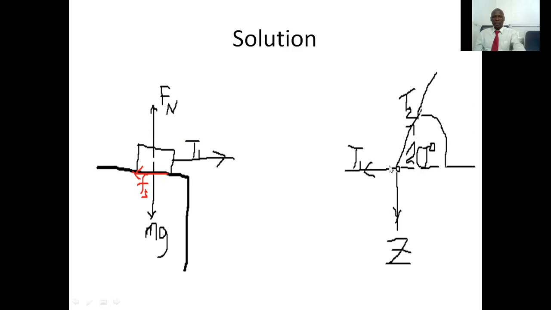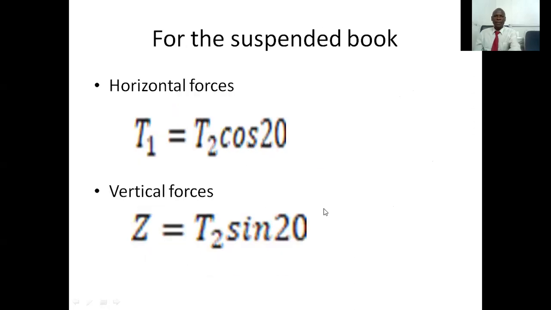So we note that here also this force T1 should be equal to T2 cos 20, if this point should not be moving in the horizontal direction. So that's what it means here. We were saying for the suspended book, the horizontal forces: T1 will be equal to T2 cos 20.